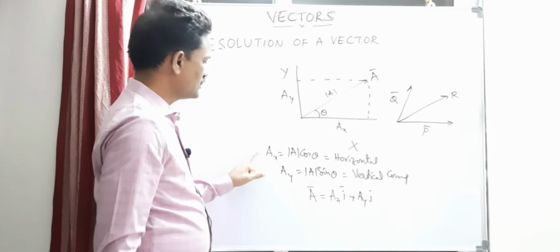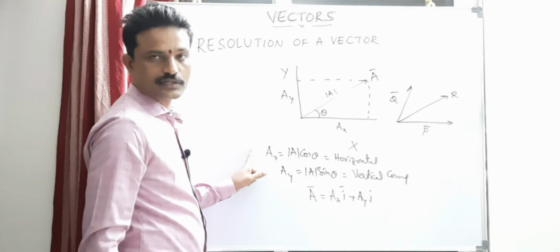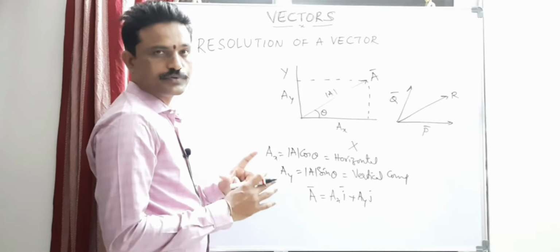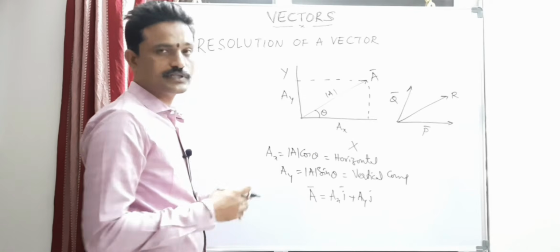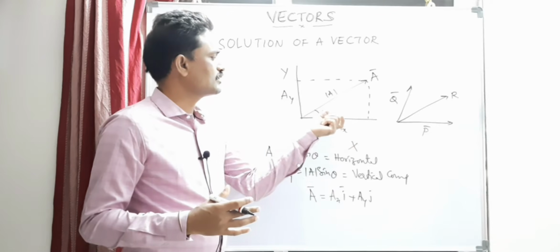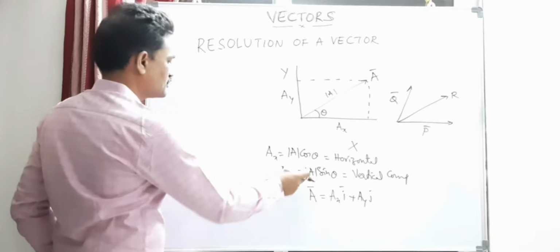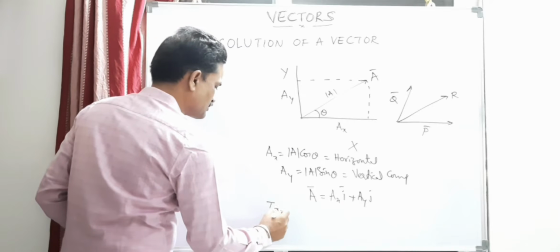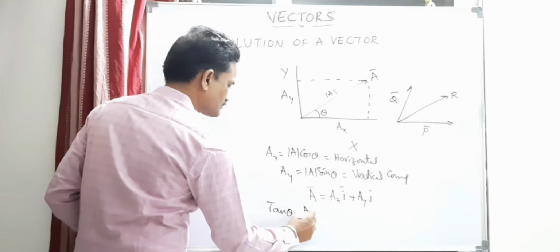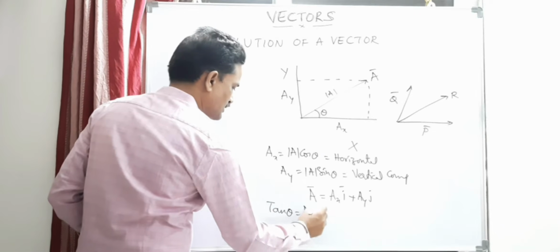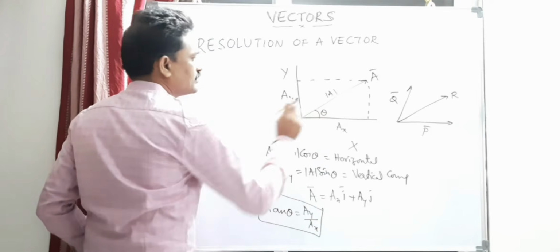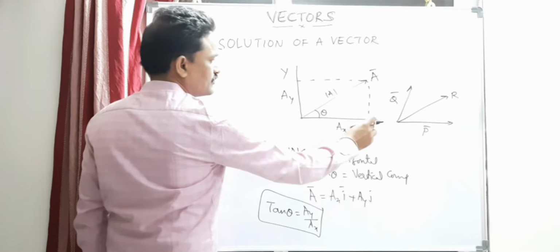So, these two are called rectangular components of vectors. They are nothing but the projections of the vector on x-axis and on y-axis. From these two I can write tan theta is equal to AY by AX. So, by using this I can find out the angle made by the vector A with the x-axis.